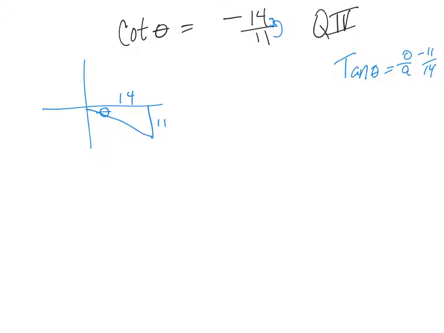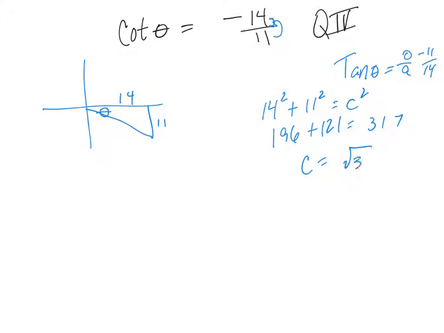And then I find the third side, so it's 14 squared plus 11 squared equals c squared, which I believe is 196 plus 121. Somebody help me out on that. So it's 317, and c equals the square root of 317. That's ugly.